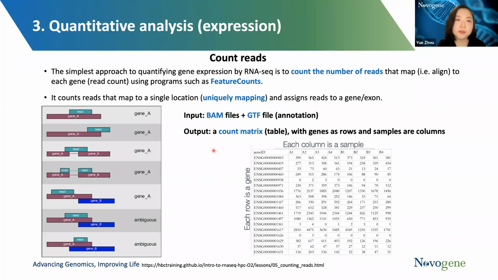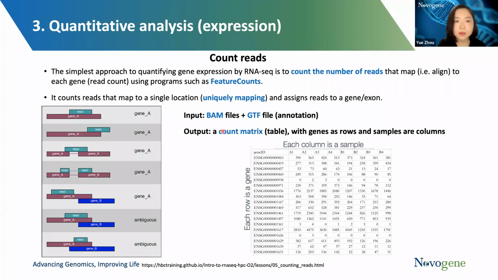Speaking of gene expression quantification, the simplest approach to quantify gene expression by RNA-seq is to count the number of reads that map to each gene using programs such as featureCounts. featureCounts counts reads that map to a single location, which is what we just mentioned as uniquely mapping, and assigns the reads to a gene or exon.